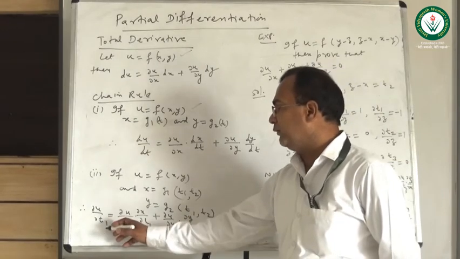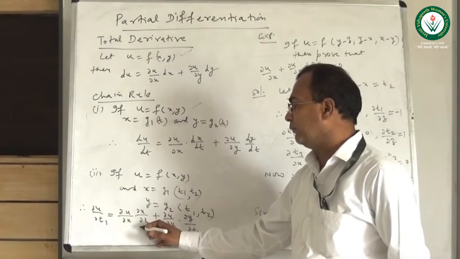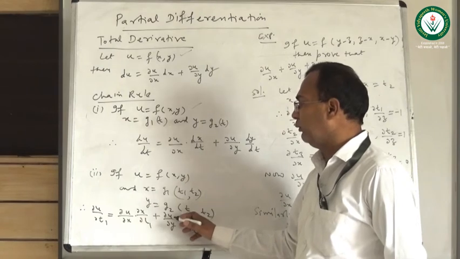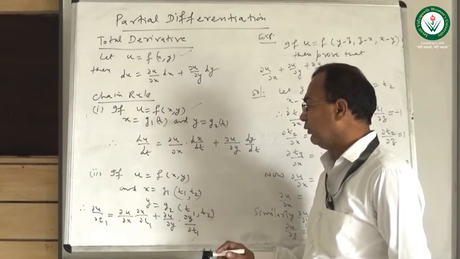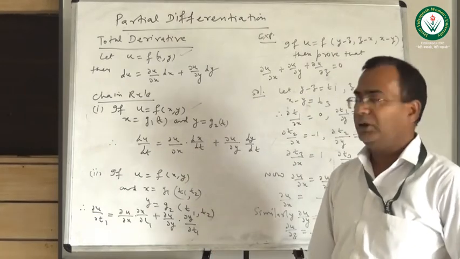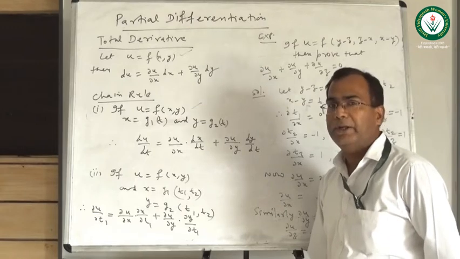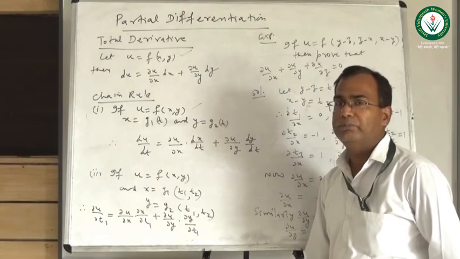So del u by del t1 is equal to del u by del x into del x by del t1, plus, since u can also be differentiated with respect to y, del u upon del y into del y upon del t1. In this way we can differentiate the function u with respect to t1, and in a similar way we can also find del u by del t2.